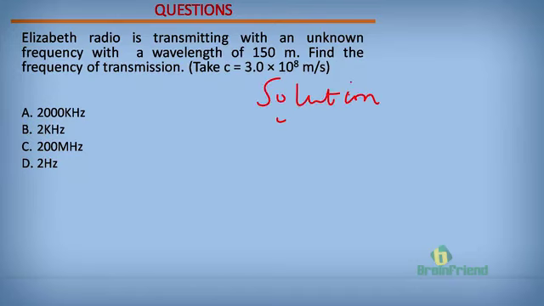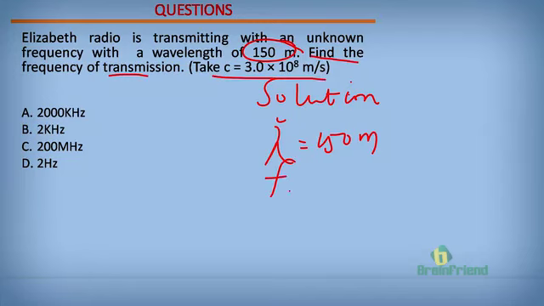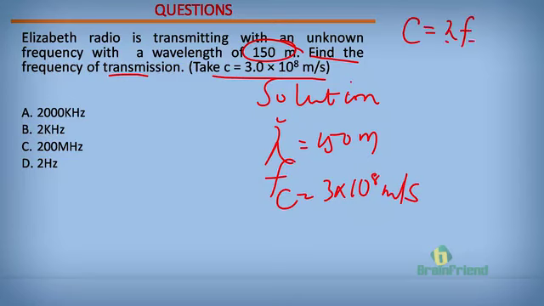Elizabeth is transmitting with an unknown frequency with a wavelength. Take note, wavelength, lambda is equal to 150 meters. They say find the frequency F. Take C, which is the speed, as 3 times 10 raised to the power 8 meters per second. Remember that our C is equal to lambda F, wavelength times frequency.